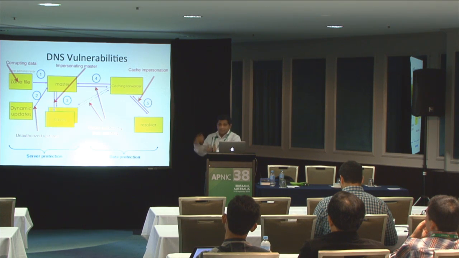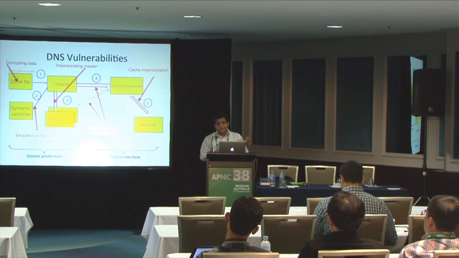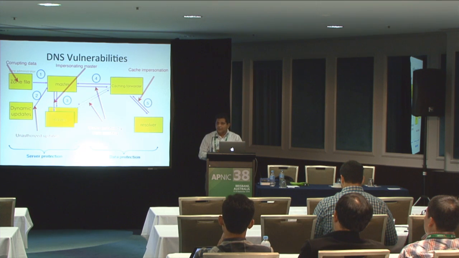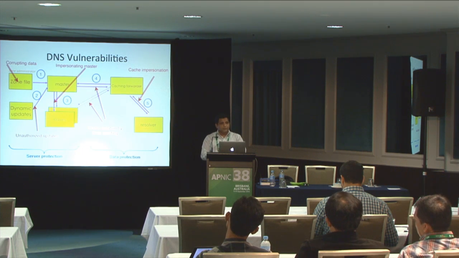Someone can corrupt our zone data. Also, there can be unauthorized updates coming through dynamic updates. And then what about the zone transfers we discussed? If I am the primary and you are the secondary, you would come to me and get my zone file from me to yourself.